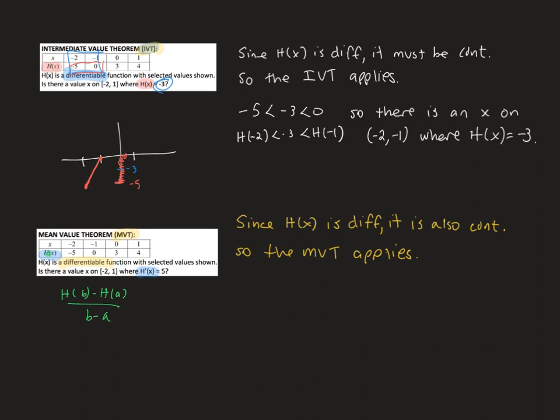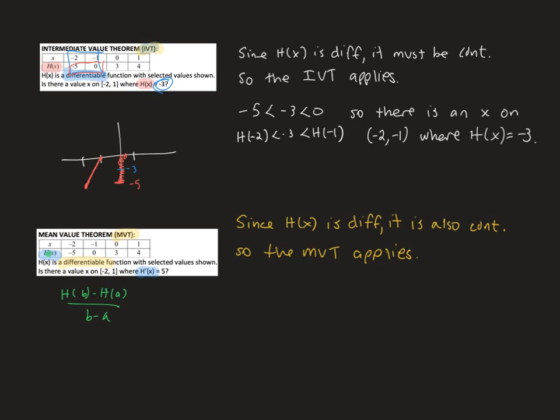So if I could find some interval on here where the average rate of change equals 5, the MVT says there is a place where the instantaneous rate of change, also known as h prime, will also equal 5. So I'm just going to look at different intervals in this table, and I'm going to do an average rate of change, and I'm looking for an answer of 5.